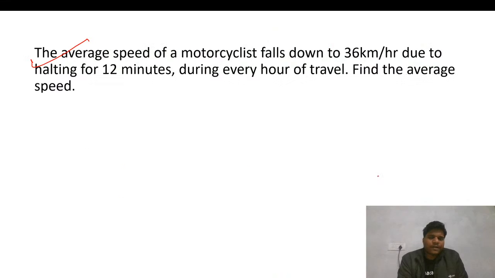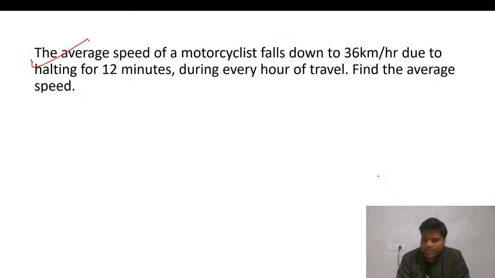Now solve this question. The average speed of a motorcyclist falls down to 36 km per hour due to halting for 12 minutes during every hour of travel, not interval. Find the average speed.